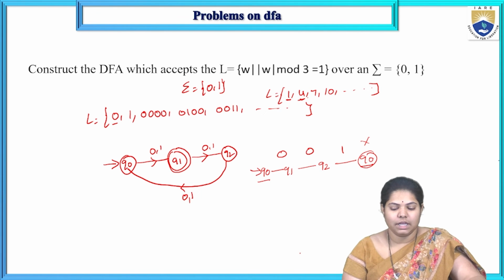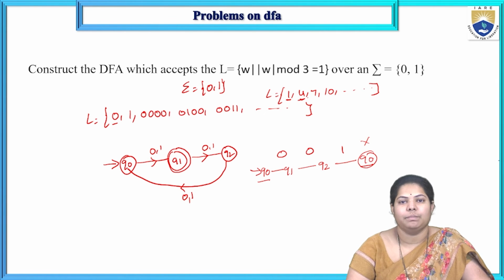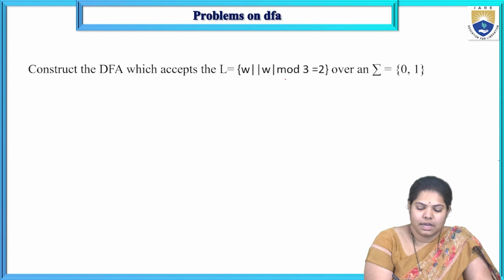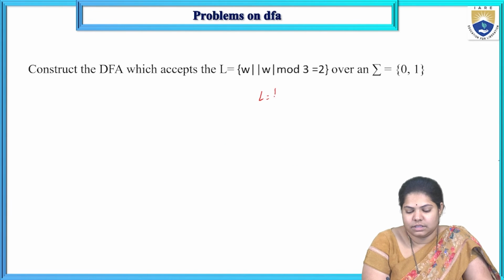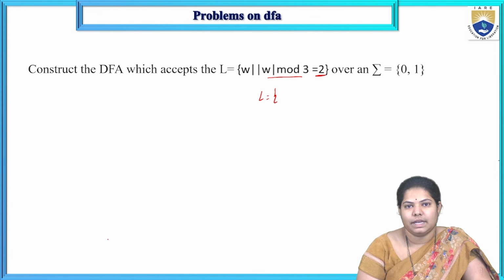So the similar question: what will happen if the string length divided by 3 leaves remainder 2? If I get a remainder 2, what are the string lengths that will be accepted?